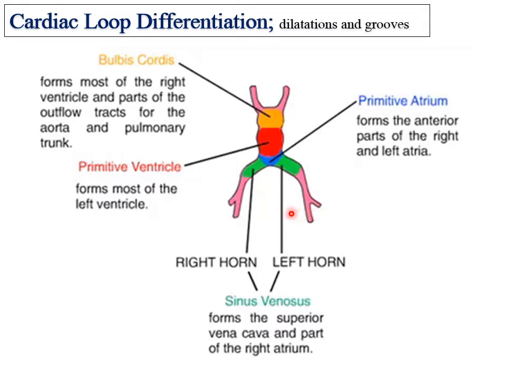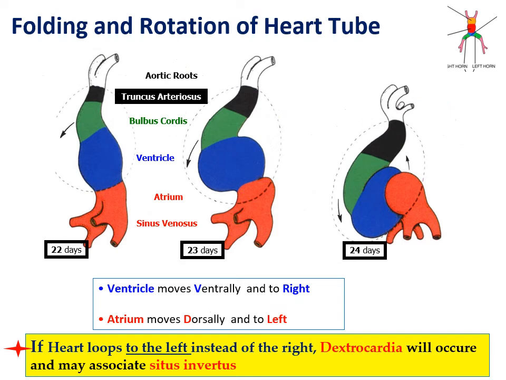The sinus venosus has two horns, the right horn and the left horn, forming the superior vena cava and part of the right atrium. This is a very important diagram, a representation of the heart loop and how it is differentiated or segmented into its different parts for the future forming of the full heart.